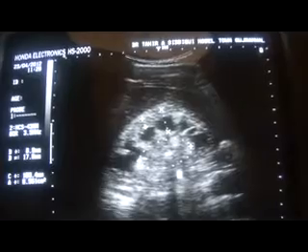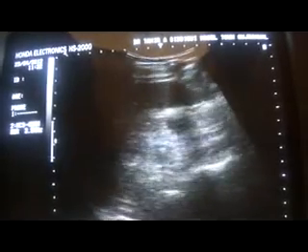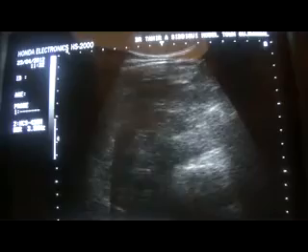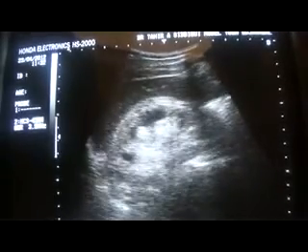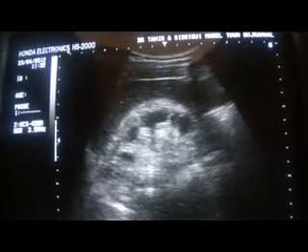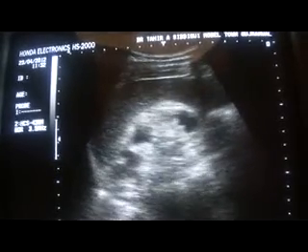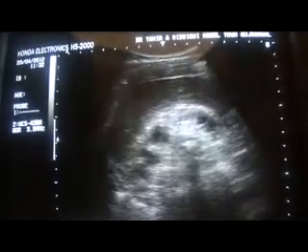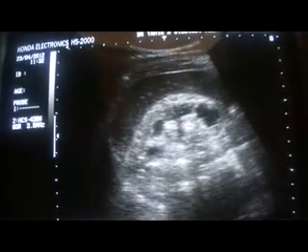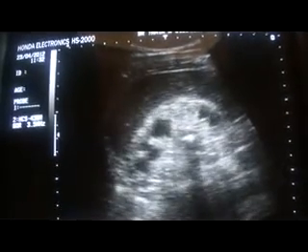This is a magnified view of this kidney, longitudinal and now transverse. You see the dilation of the pyramids and note the degree of dilation of the pyramids.